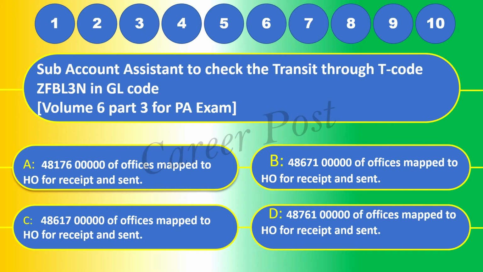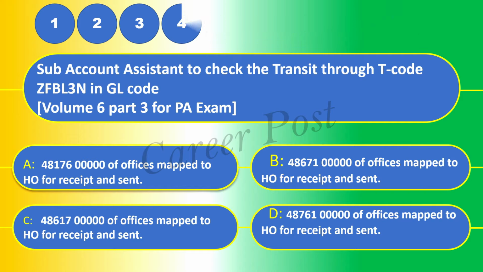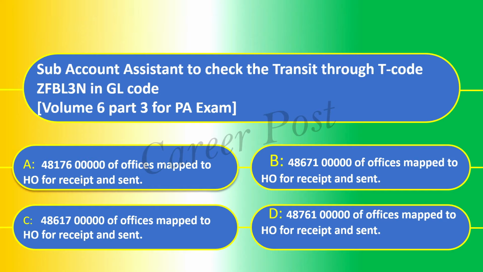Next one is 48761. Your time starts now. This you have to definitely remember, this GL code for checking the transit through T code ZFBL3N. The answer is 4867150 of the office map put to the HO for receipt and sent. Okay, 48671.